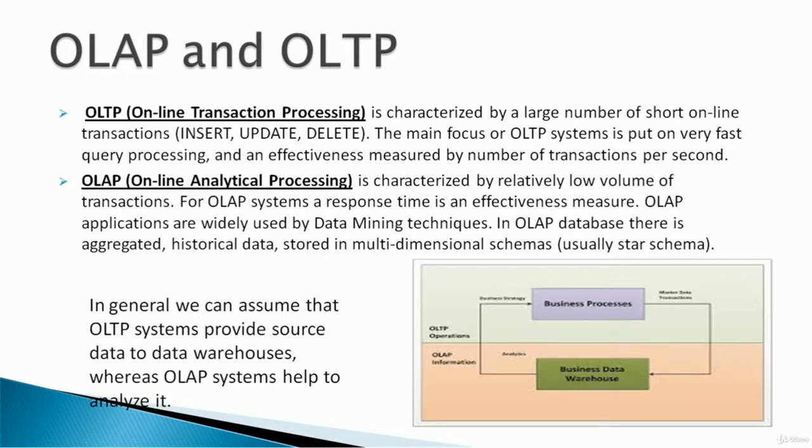So this is the diagram where you can see the business processes, for which we have OLTP operations, and this OLTP system feeds data to the business data warehouse known as the OLAP system. In general, we can assume that OLTP systems provide source data to the data warehouse, whereas the OLAP system helps to analyze it.